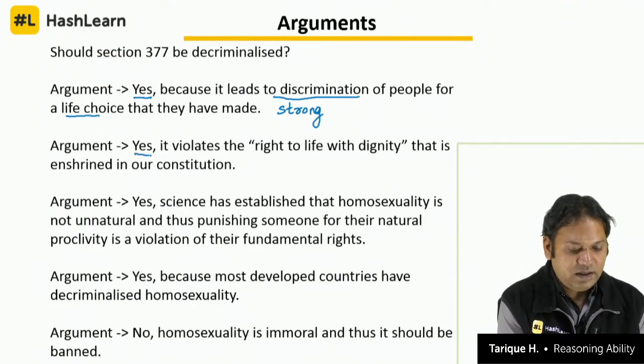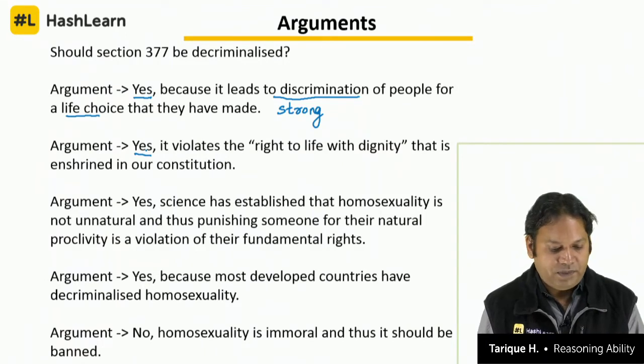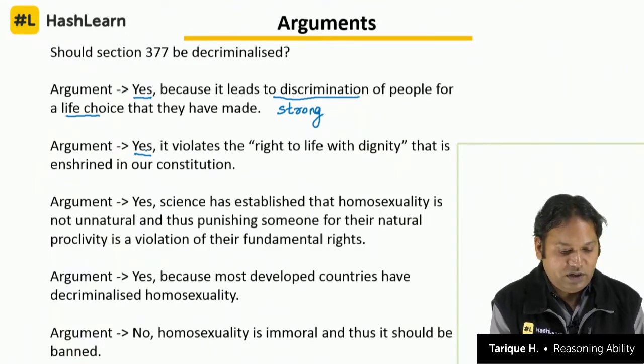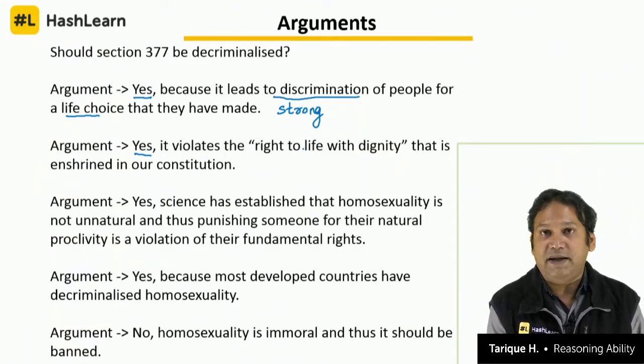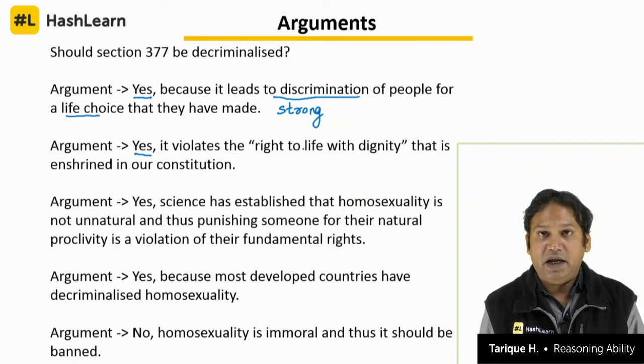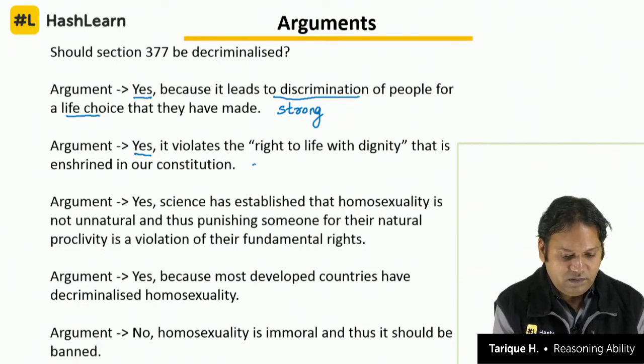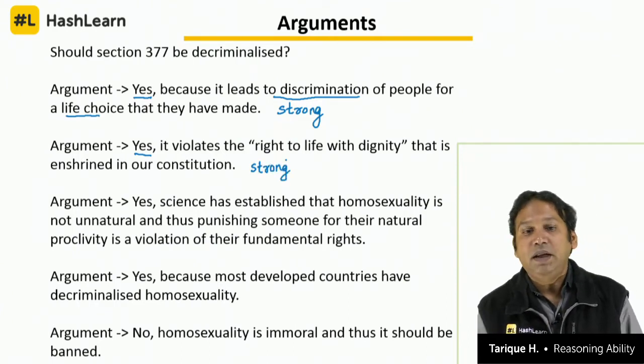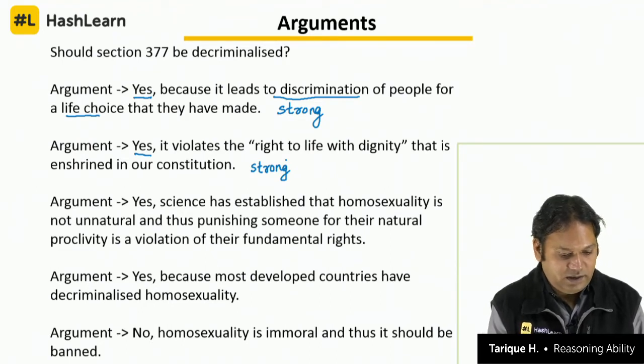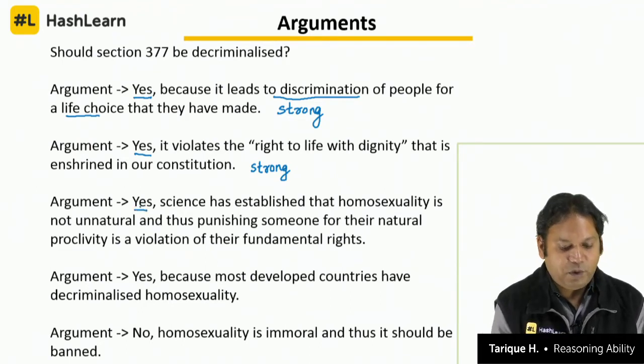Again it says yes, it clearly supports and it gives a very strong reason here. It violates the right to life with dignity that is enshrined in our constitution. Very clearly this is a strong argument. Clear? Let's look at the third one. It says yes, it's clearly supporting.